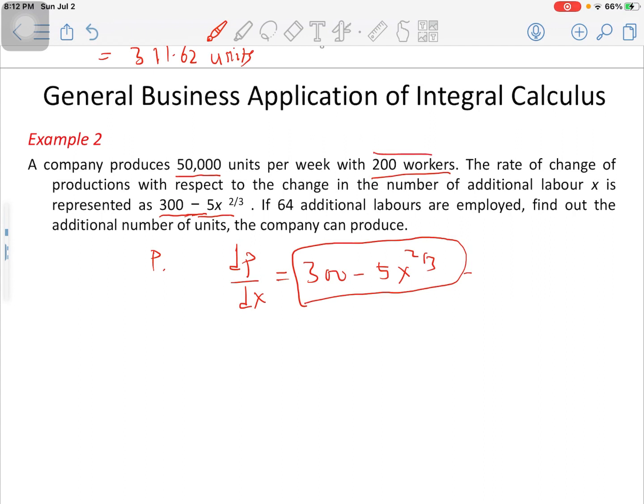So based on that, we can say that this is what we have now.